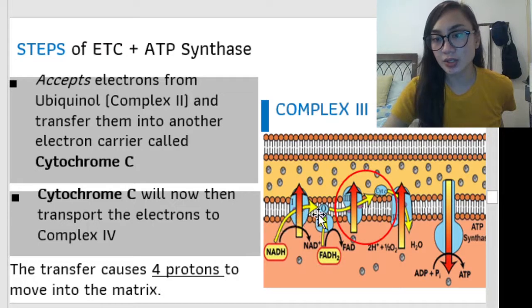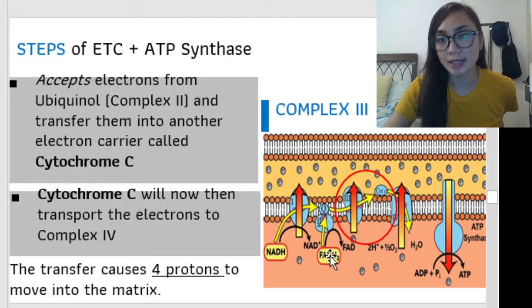Yung electrons natin, at the same time, pababa din siya dito, no? Yung yellow arrow natin. And meron ding 4 na protons na magmo-move sa matrix. So, yung 4 na protons na yon, galing yon sa ating FADH2 na na-oxidize sa ating complex 2.